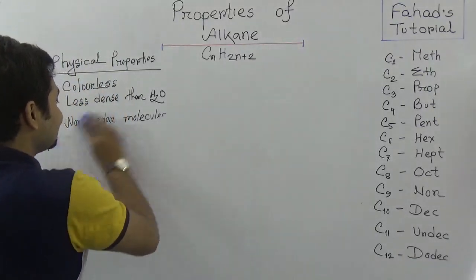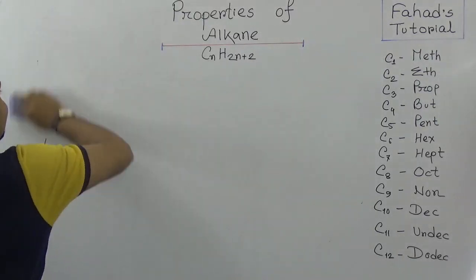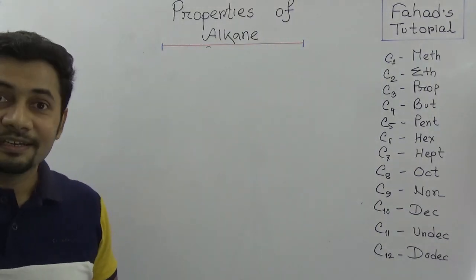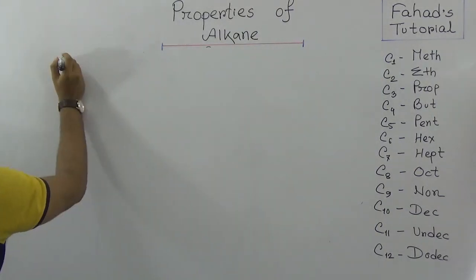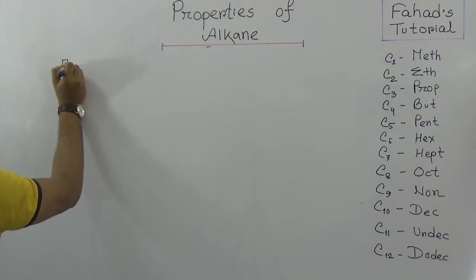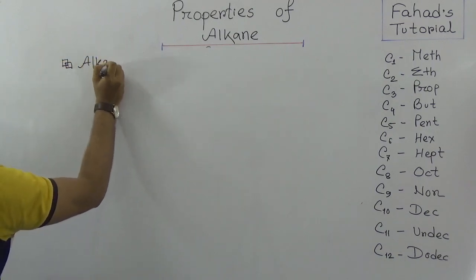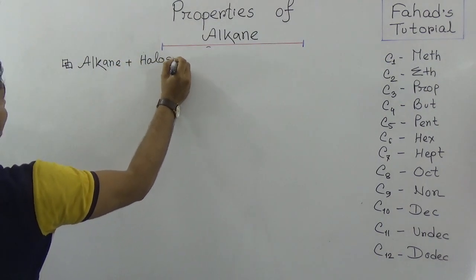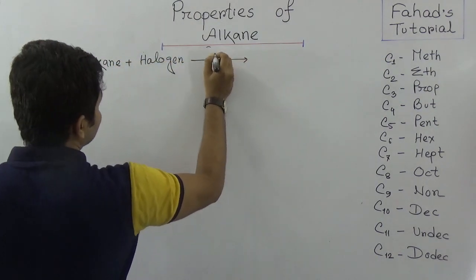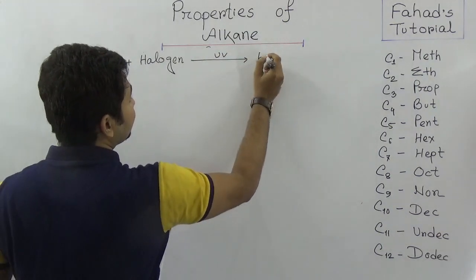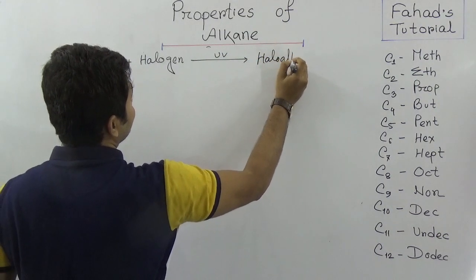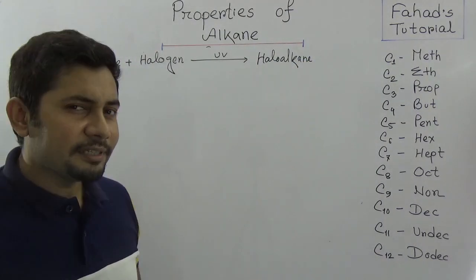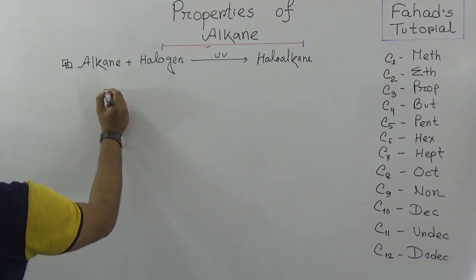You need to think about the chemical property of alkanes, that is chlorination or halogenation. Alkane reacts with halogen in the presence of ultraviolet, and then haloalkane is produced. And this is a gradual reaction. How does it happen? Let's take a look.